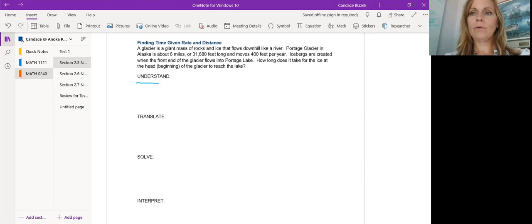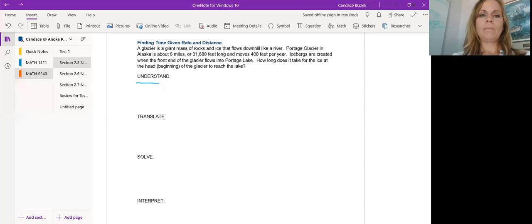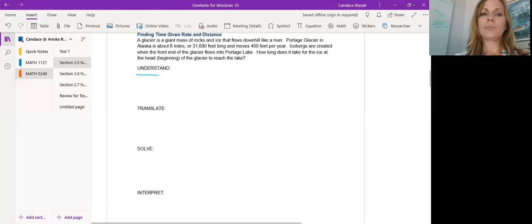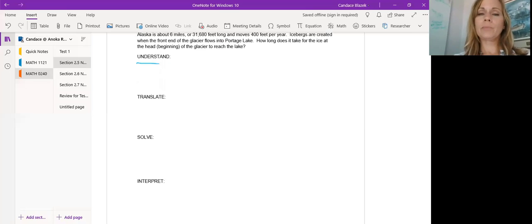And then solve. We're going to take the equation that we have, use our order of operations, then the properties of equality to solve, get an answer, and then interpret. With interpret, we're going to express our answer and then do a quick mental check.